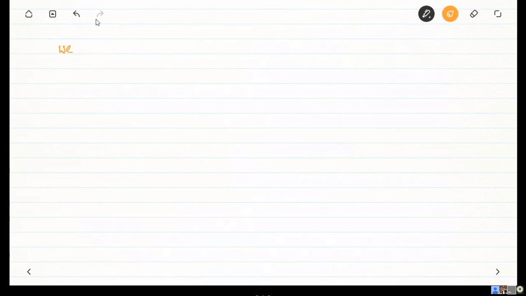I forgot to say one thing. We focused on minimizing the integral from minus infinity to plus infinity of the squared error. In the entire class today we focused on minimizing this.